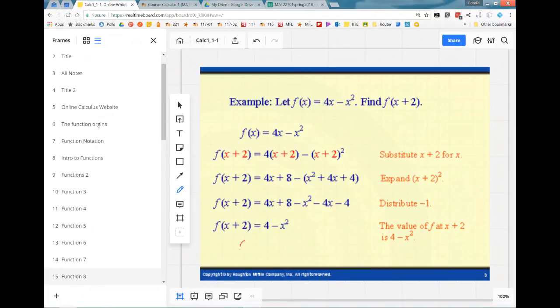The ordered pair is x plus 2, and then the result is the y coordinate. So here too, even though it's algebraic, we end up with an ordered pair. Okay, I know this is probably all review for you guys.